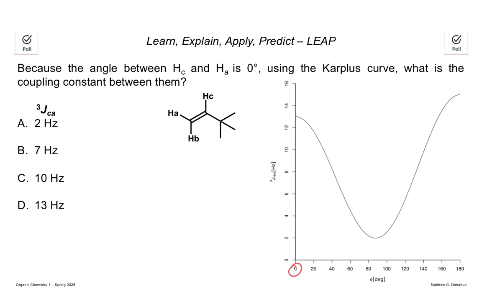So there's 0. We just run straight up the y-axis, and then we hit the point where it intercepts. And so that's 13 hertz. So C to A is showing a coupling of 13 hertz.